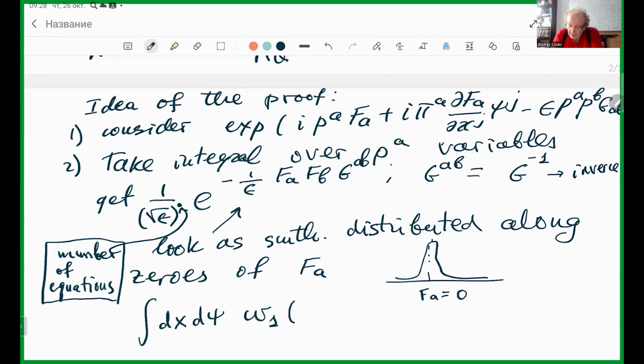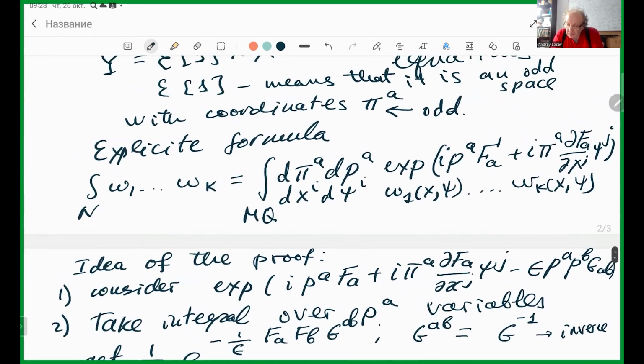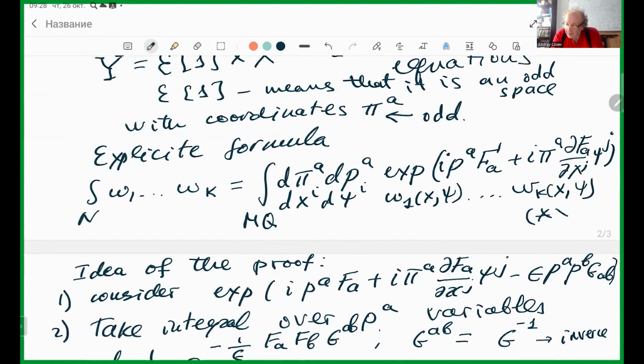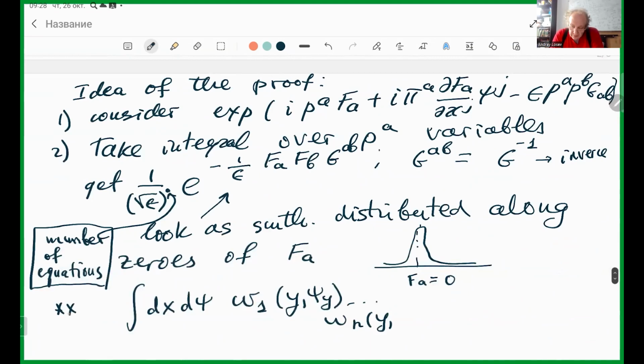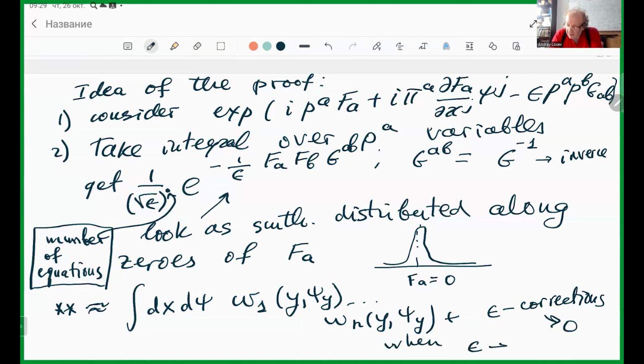Now the integral, let me call it double star, is approximately this, plus epsilon corrections that go to zero when epsilon goes to zero.